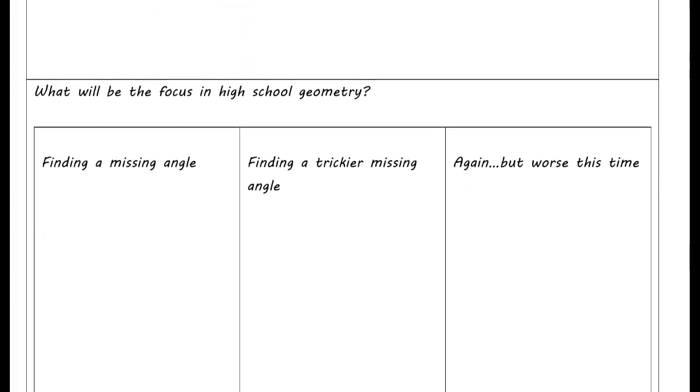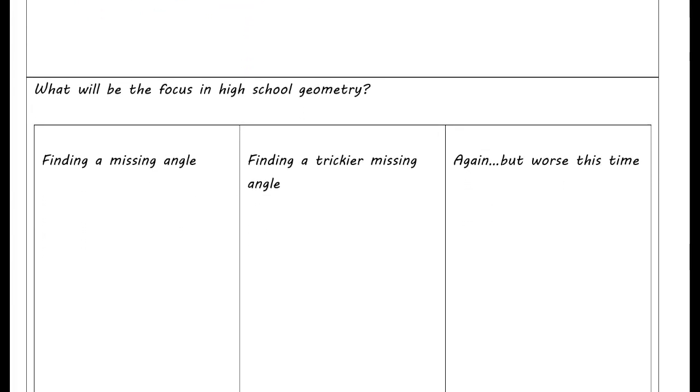Okay, what will be the focus in high school geometry? Classifying triangles is a big deal, and classifying just means to understand what type of triangle it is, to be as specific as possible to figure out what kind. You're going to do a lot of finding the missing sides, and that's what we did last week, and we're going to do finding the missing angles as well, okay?